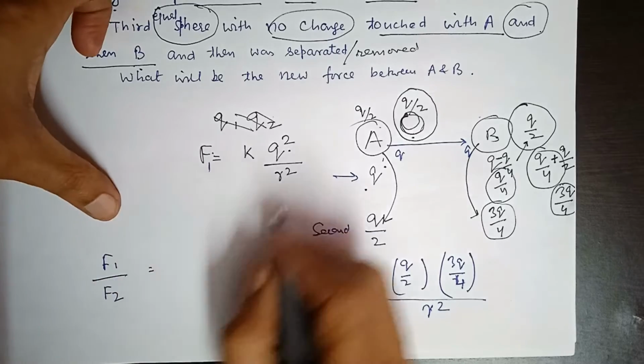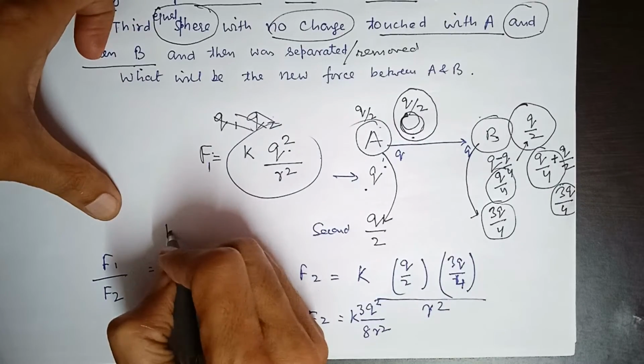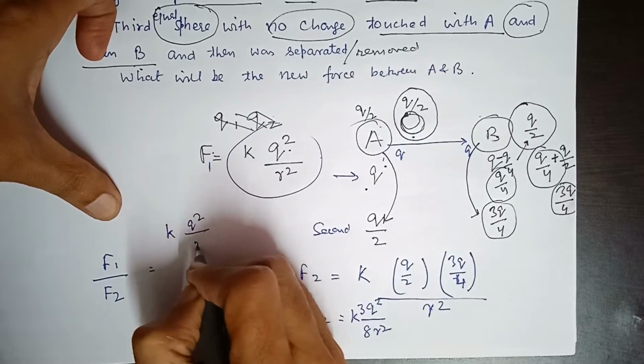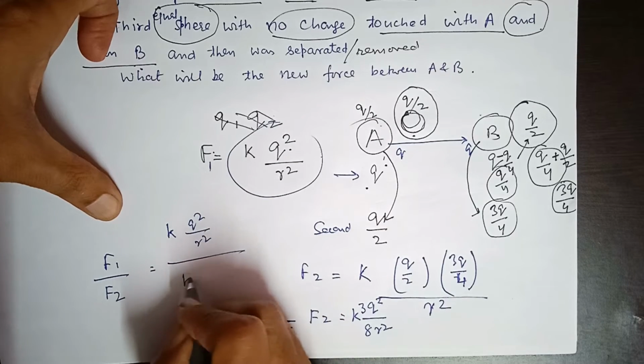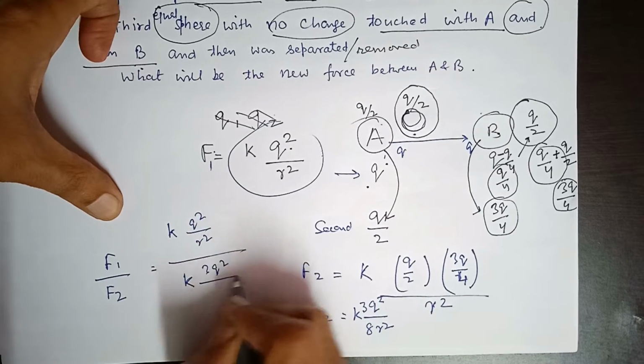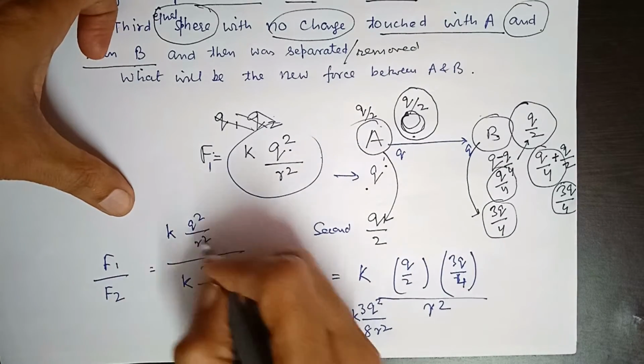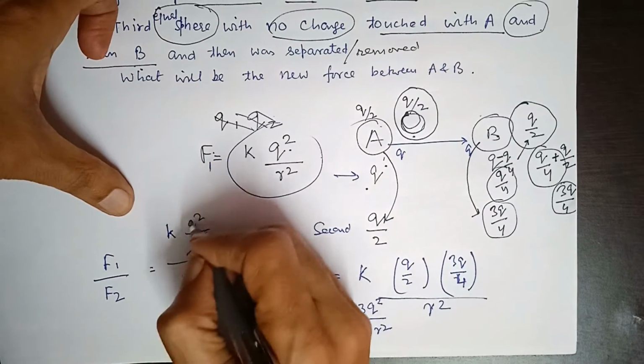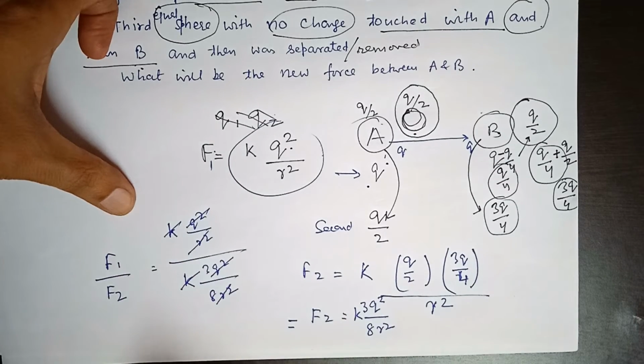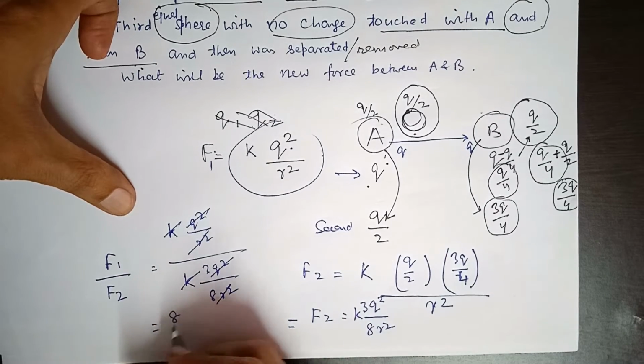This will be K Q square R square divided by K 3Q square 8R square. R square cancels with R square, Q square with Q square, K with K, then this will be 8 by 3.